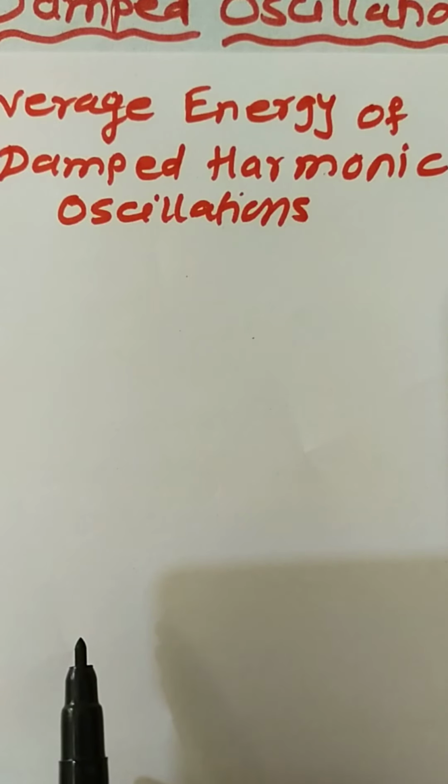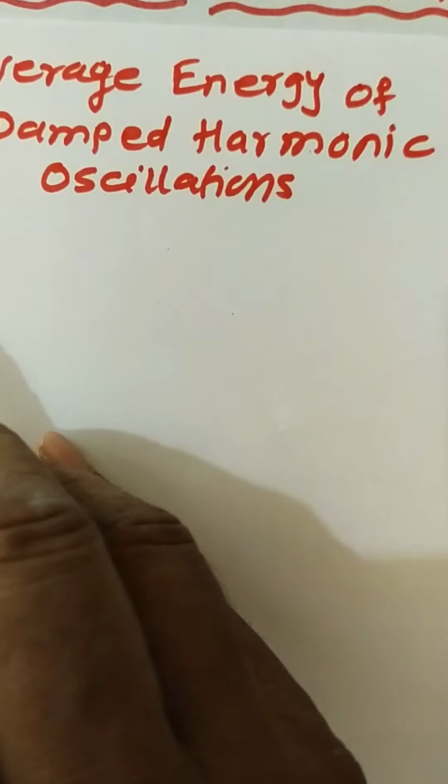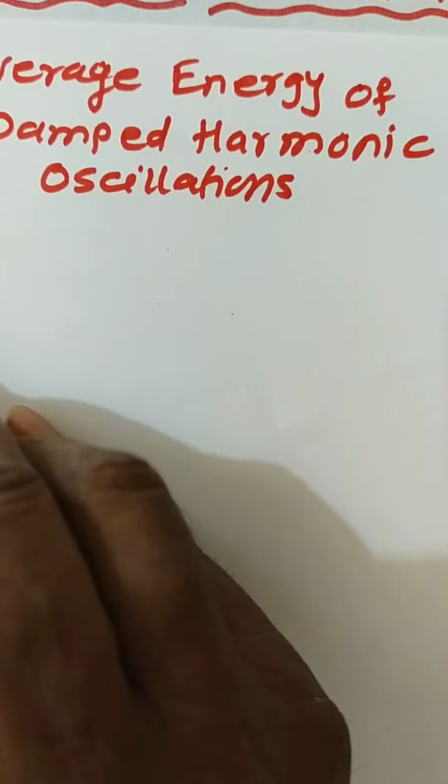The damping force acts as an agent in the process of dissipation of energy, and the rate of dissipation of energy is nothing but the rate of doing work against the damping force.